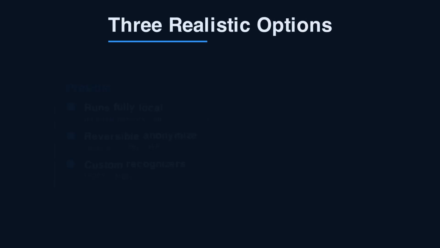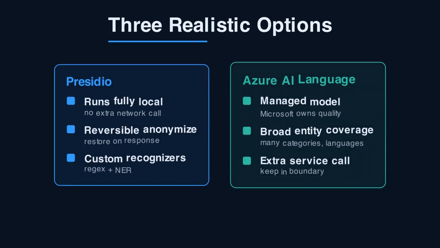In practice, you have 3 approaches. Regular expressions: cheap, fully local, great for structured tokens like credit cards or emails, but blind to names and context, so recall is poor. Microsoft Presidio, an open-source Python library combining named entity recognition with recognizers and reversible anonymization.